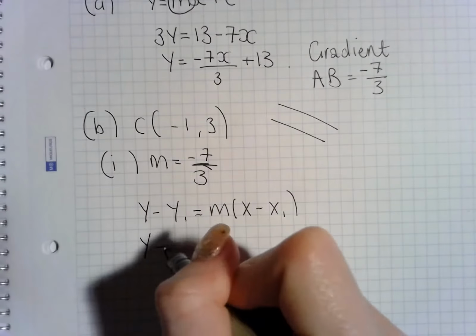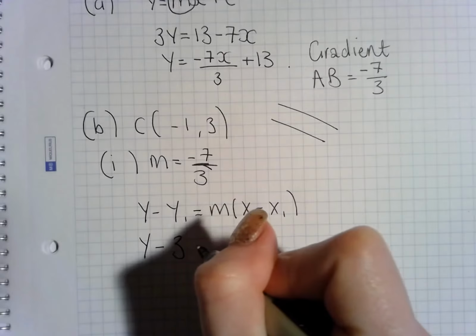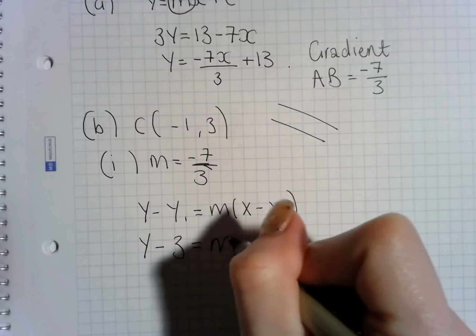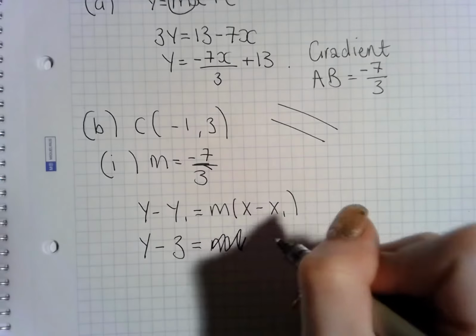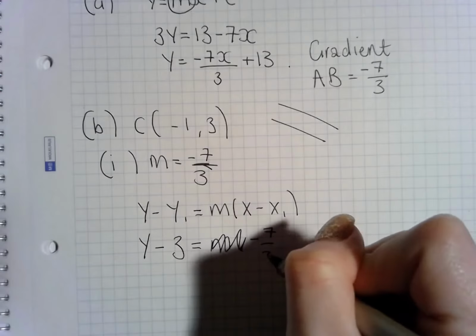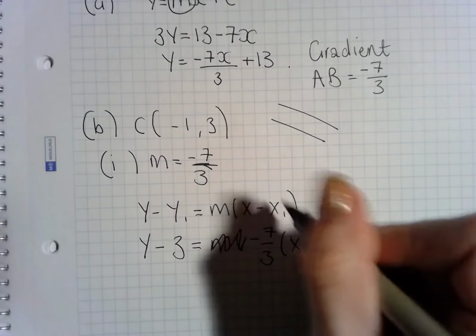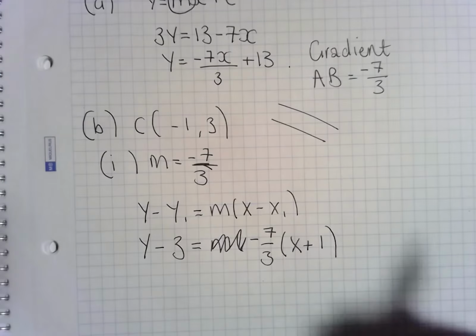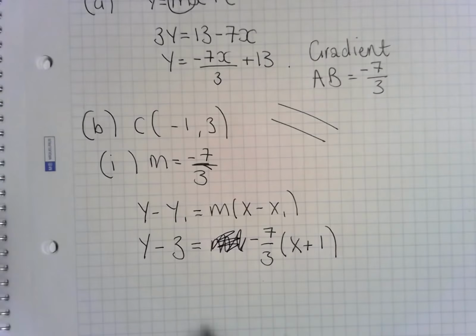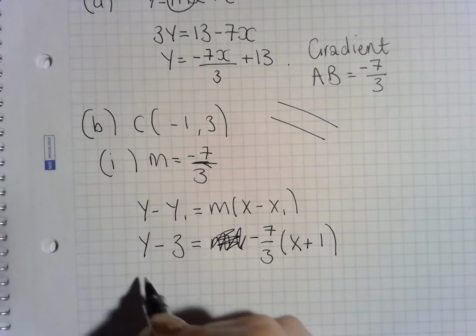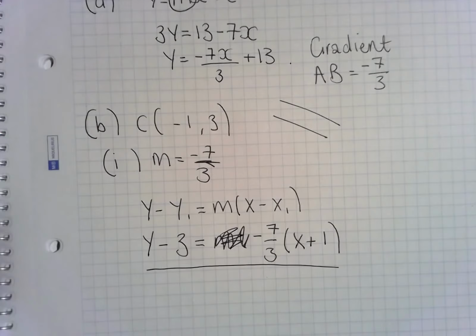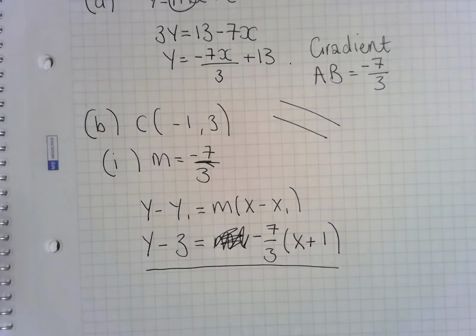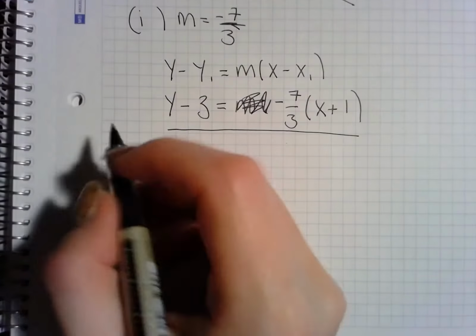So y minus the y coordinate, which is 3, equals m, which is minus 7 over 3, times x minus the x coordinate, which is minus 1, so it's plus 1. Be careful with negative numbers here. And you don't need to rearrange that. That's absolutely fine just like that. Unless it asks you for it in a particular form, don't bother rearranging it, you're just wasting your time.